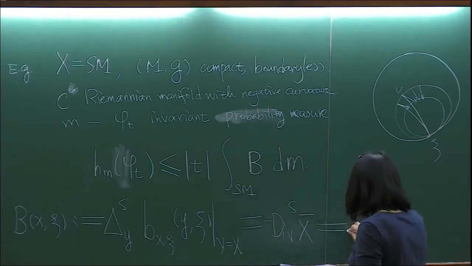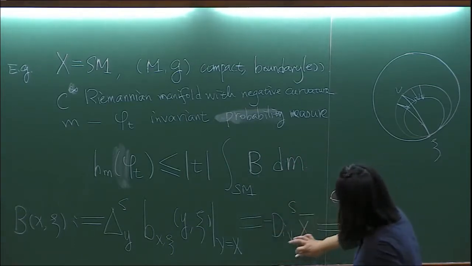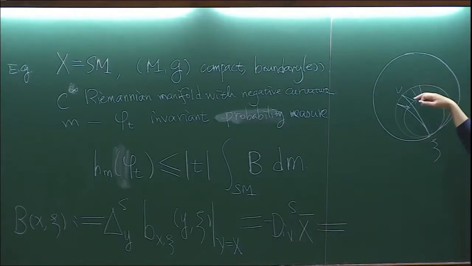This also gives you the geometric interpretation of B as the mean curvature of this horosphere field.